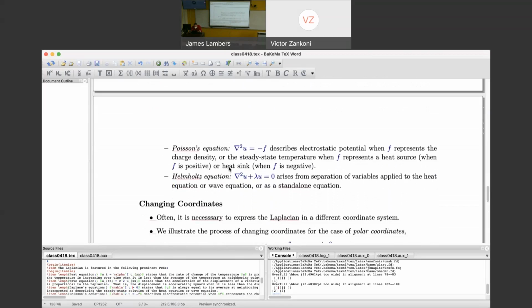A close relative of Laplace's equation is Poisson's equation, where we have minus Laplacian of u equals some function f. The minus sign is really a convention. It's just so the differential operator is often written this way, instead of actually putting the minus on the left side.